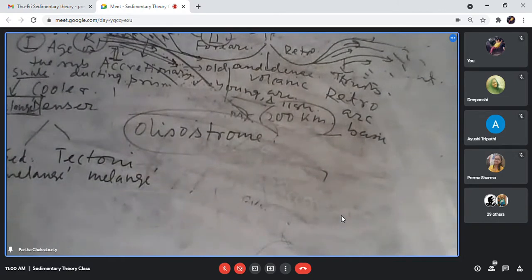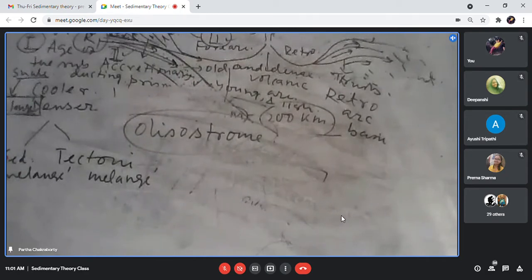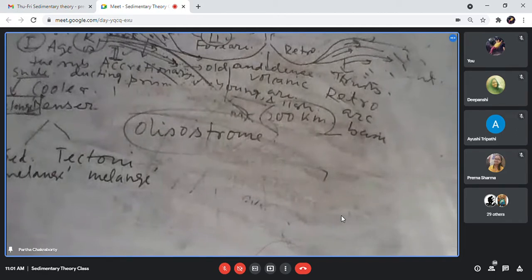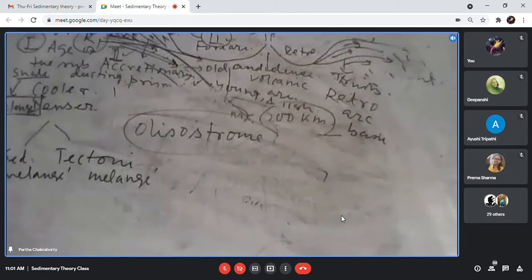So what is trench? Trench is essentially a starved system, represented by gray to black shale, and contains some rootless boulders which are called olistostome. That is the typical sedimentation pattern of a trench.